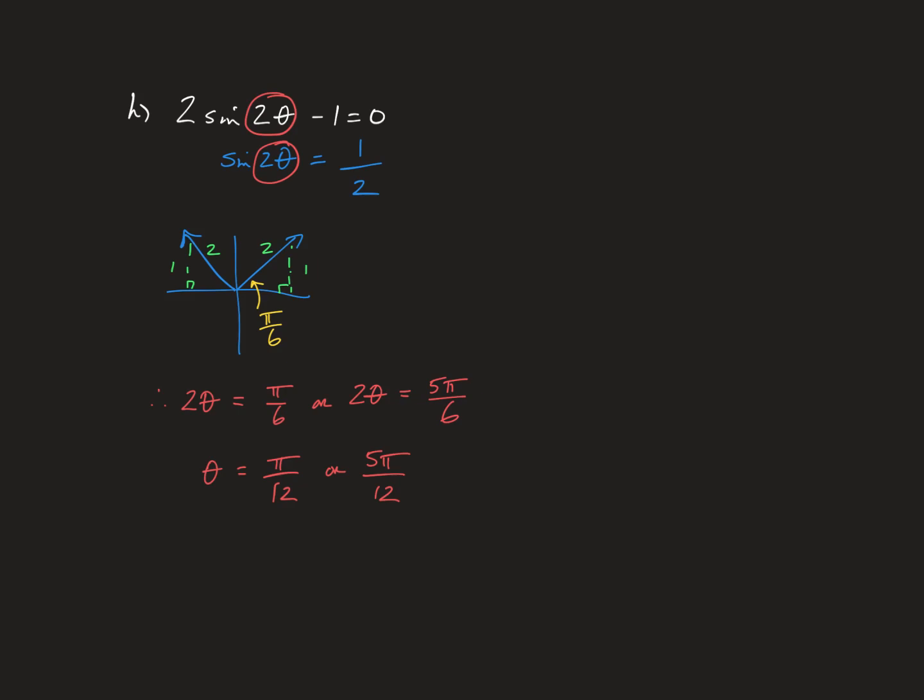Yes, I found where quadrant 1 could occur and quadrant 2 could occur, but I forgot that anytime I double my angle, I double my domain. And so therefore, I can't just lie in quadrant 1 by just rotating pi by 6. What I need to now deal with is doubling my rotations.